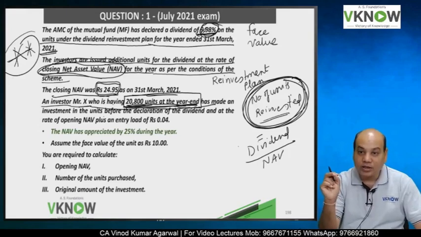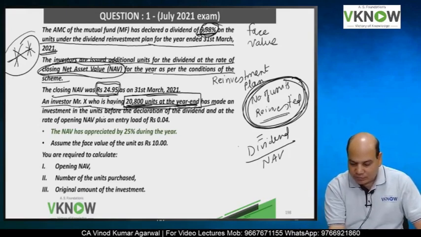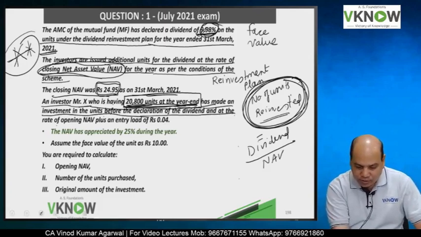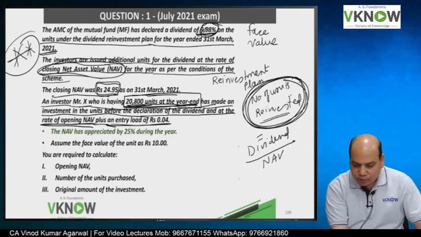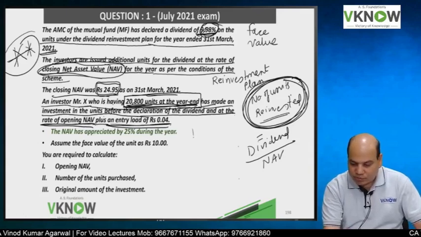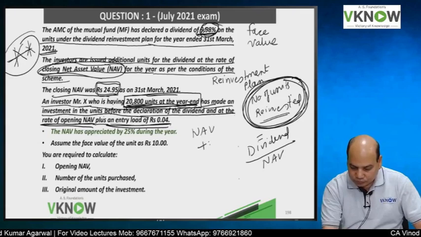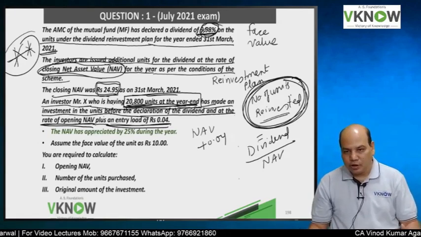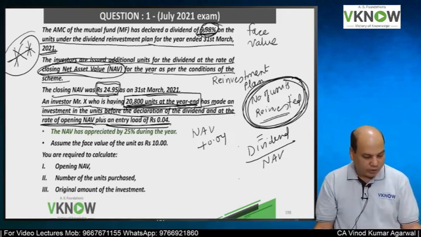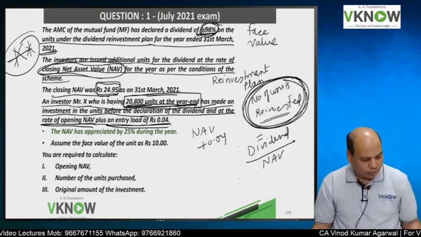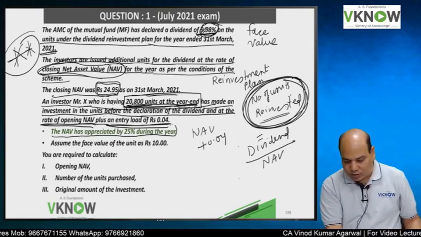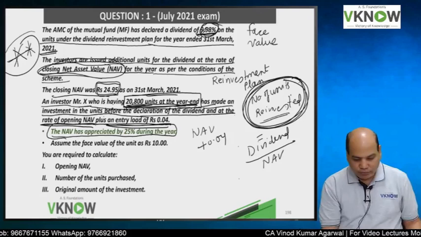He has made an investment in the units before the declaration of dividend at the rate of opening NAV plus an entry load of 0.04. So how much has he paid for the unit? Opening NAV plus 0.04. Understood?